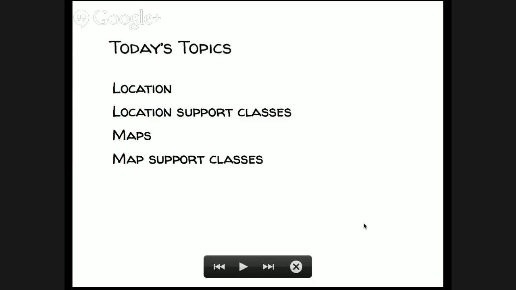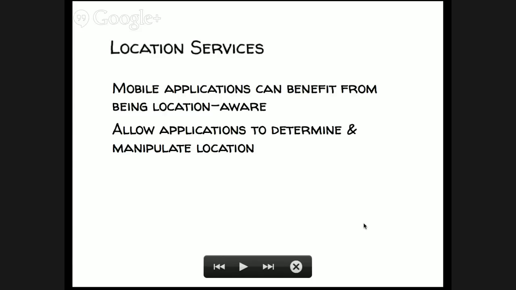The first thing is location, and I will not go through the syntax because you can very easily go through the APIs and find out. Mobile applications, if they get knowledge of location, you know how it will enrich their power. Right? Their whole context is changed, and the decisions that they will make are better.